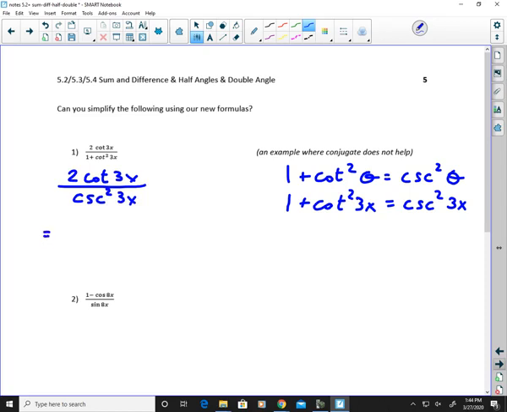I am going to keep my 2 where it was. The cotangent is a cosine 3x over a sine 3x. That's the cotangent. Now the cosecant needs to come up as a sine squared 3x. So I have just brought that up.